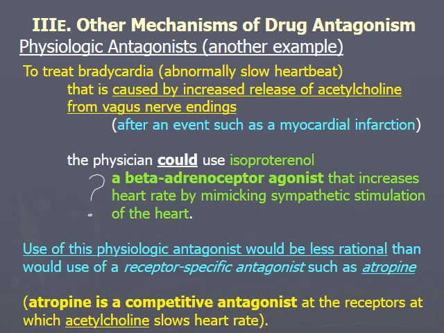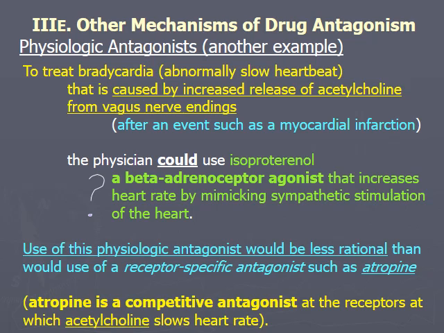And so the physician could use a beta agonist called isoproterenol, which is an opposing physiologic system. Bradycardia is caused by increased release by the vagus nerve, like you see in heart attack. That acetylcholine acts at muscarinic receptors and slows the heart down.